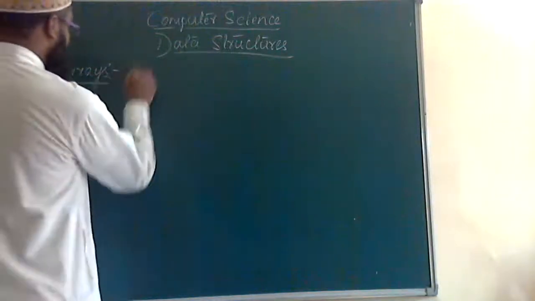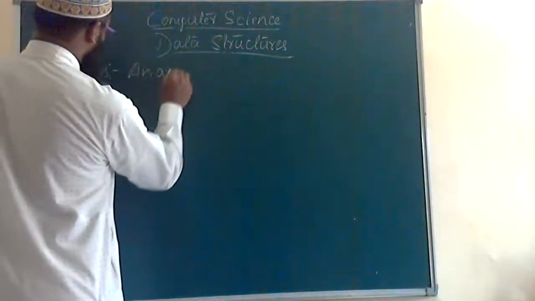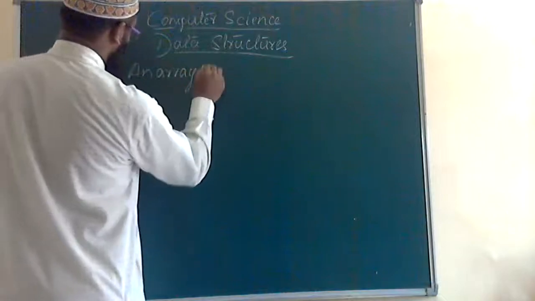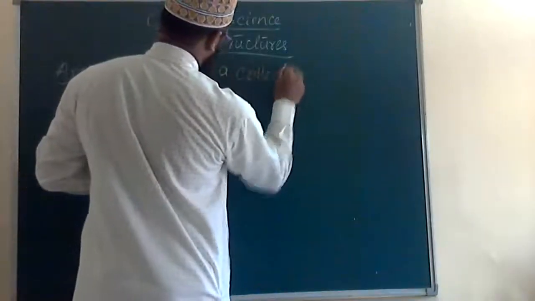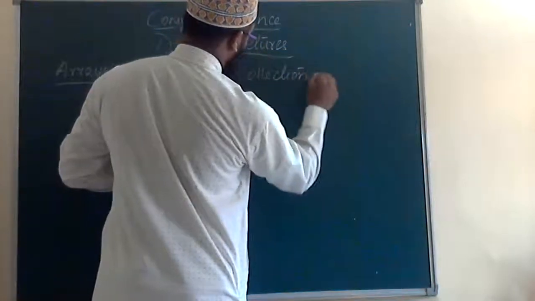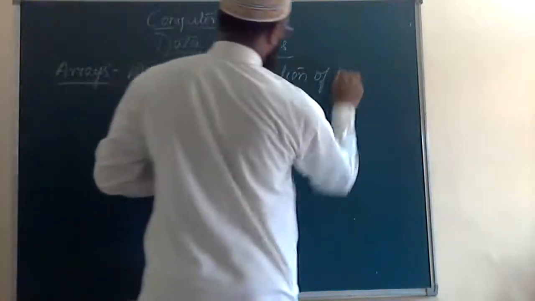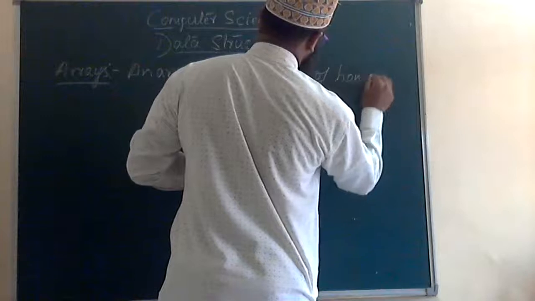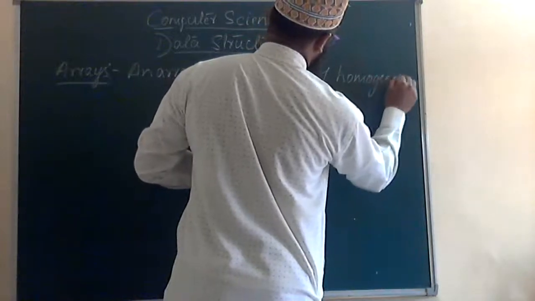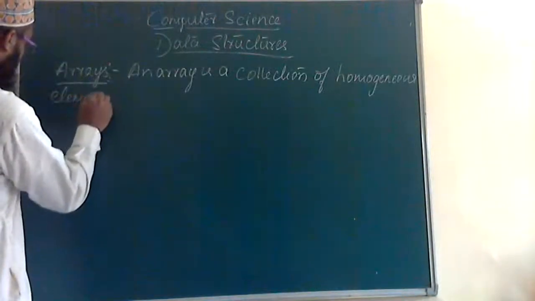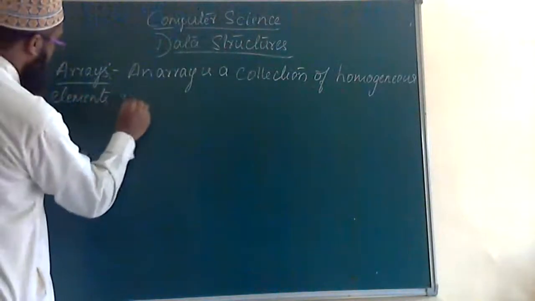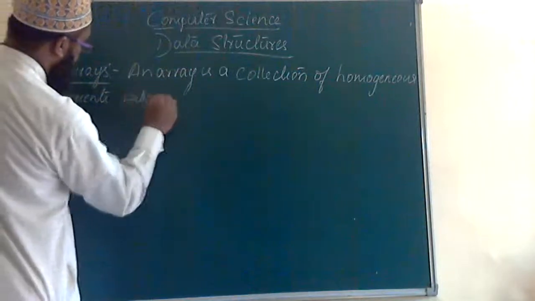An array is a collection of homogeneous elements with unique name.